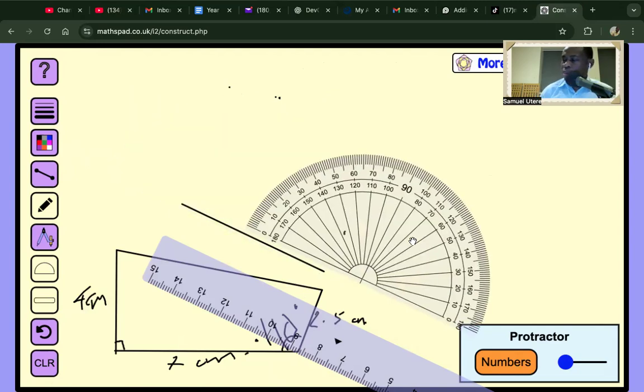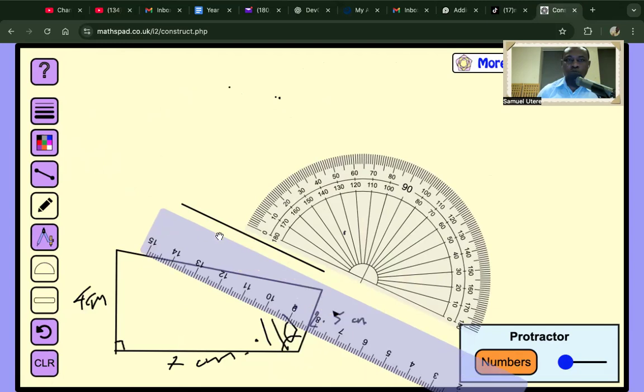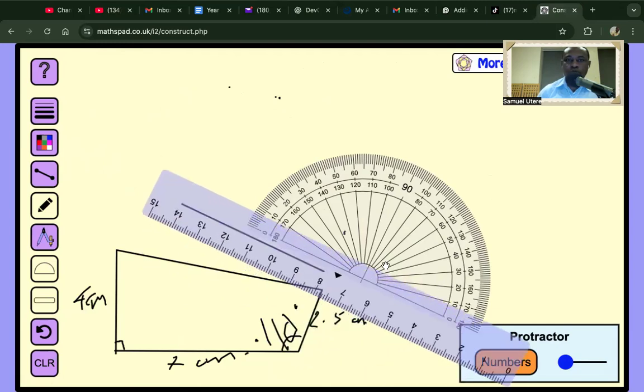Now, if you look at your diagram for question 1B, you will see that you're required to draw a 4.5 centimeter line that goes through that 95 degree mark that you just made.